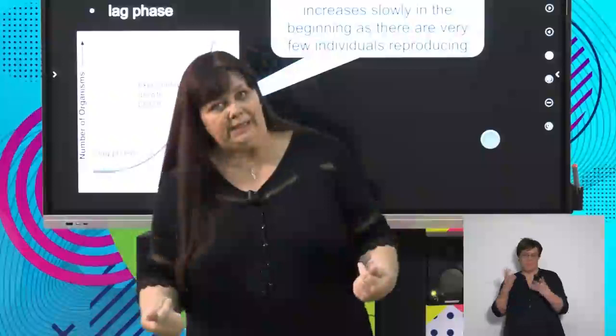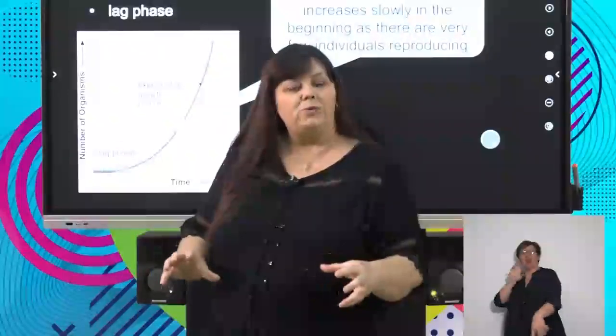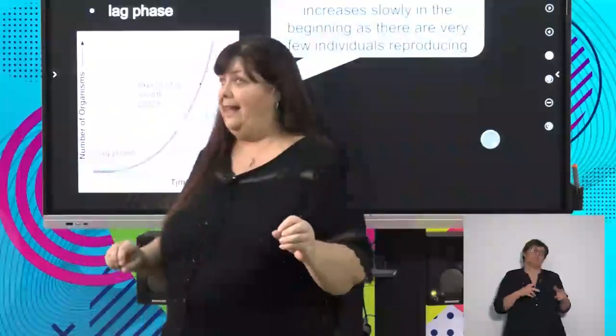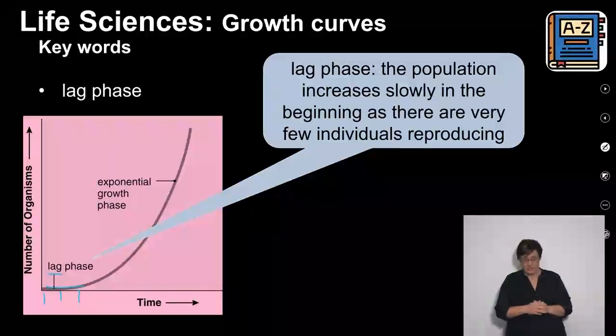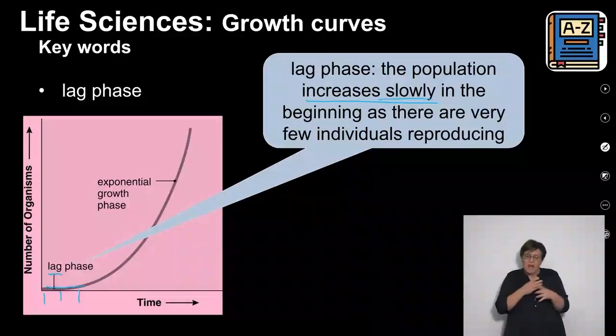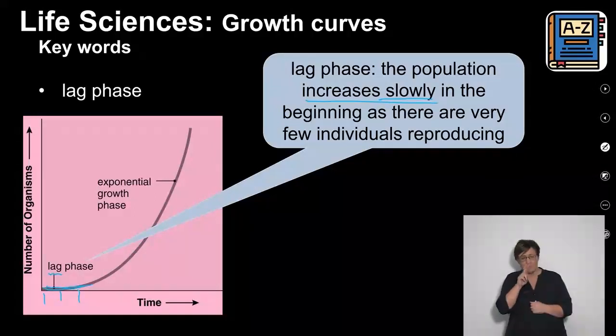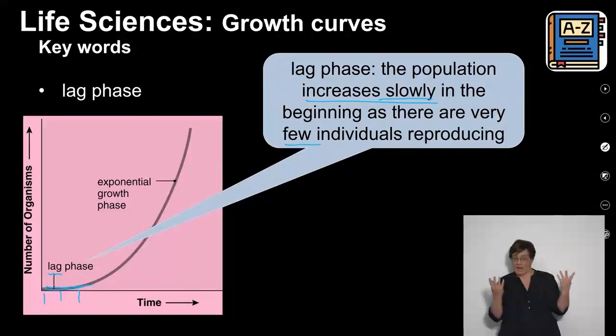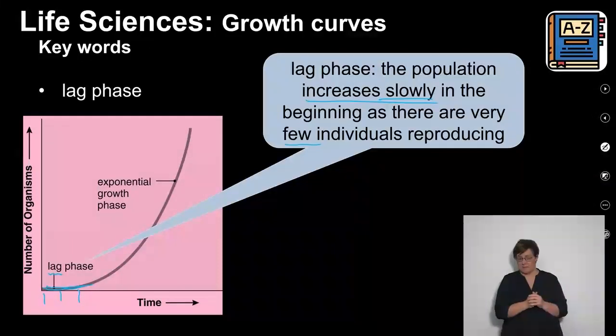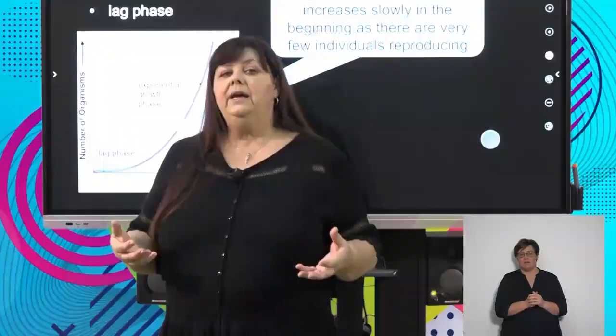You'll be with me, all right? We'll be the laggers. We'll be slower than the others. The population increases slowly in the beginning. So in the beginning, we see there are not many individuals. There were only 1,000 individuals reproducing.